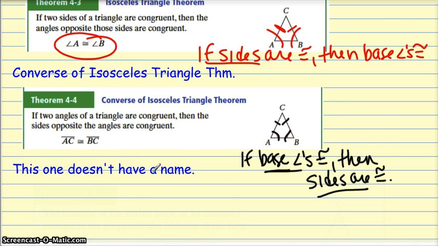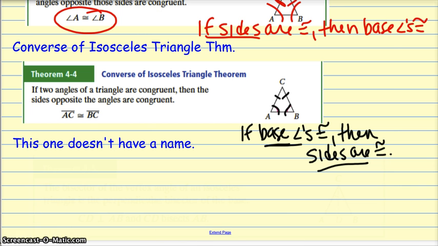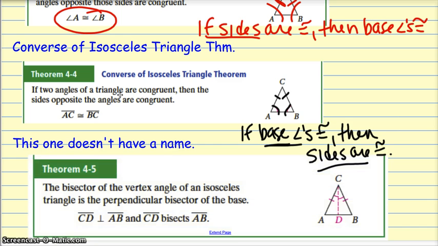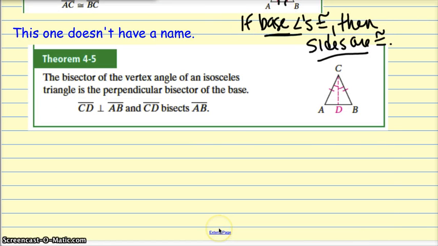And then the last one, it's a little bit harder. What it says is the bisector of the vertex angle of an isosceles triangle is the perpendicular bisector of the base. We've constructed all of this, and if we had class time, we would. Maybe we will. But the idea is, we already discussed that the top one up here is the vertex angle.